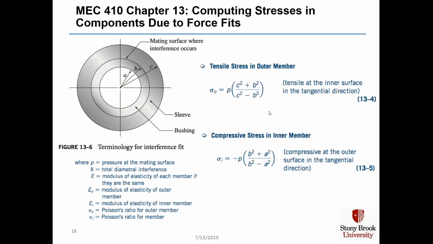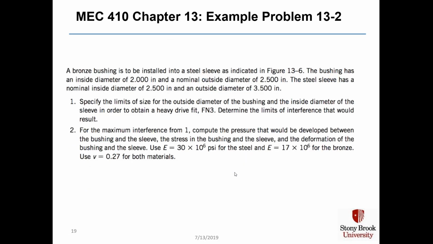We can also calculate the tensile stress in the outer member from equation 13-4. First you have to calculate the pressure, then you can calculate the tensile stress. And equation 13-5 tells us how to calculate the compressive stress in the inner member as a function of the pressure.